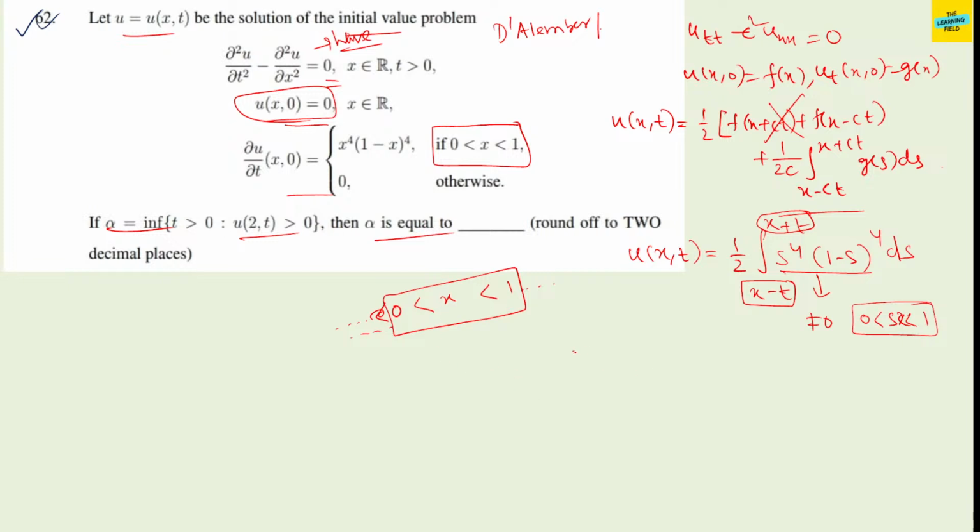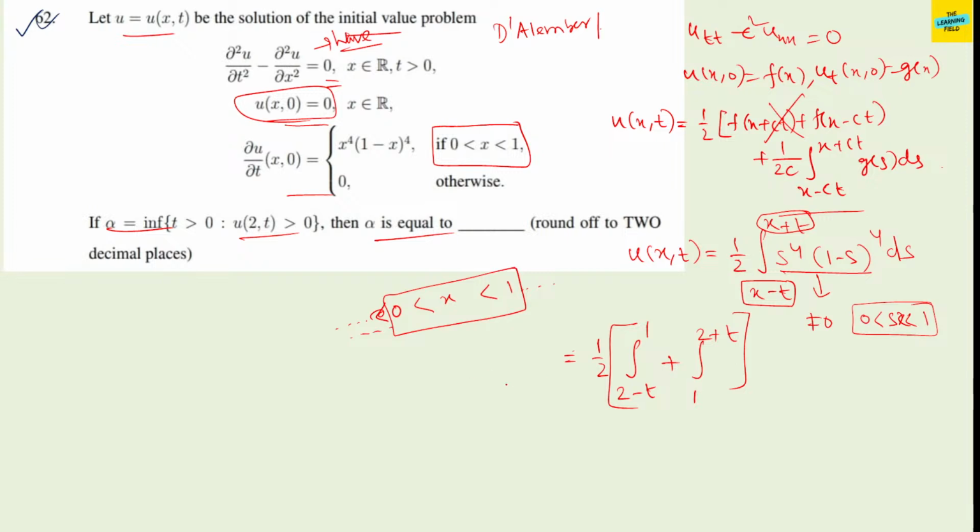So we just break the interval: 0 to 1, and 1 to 2+t. How or why do we break it in this form?